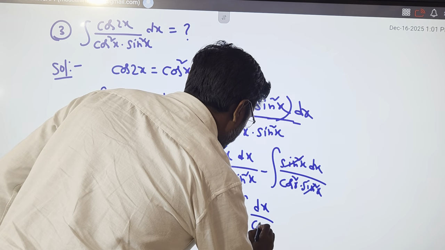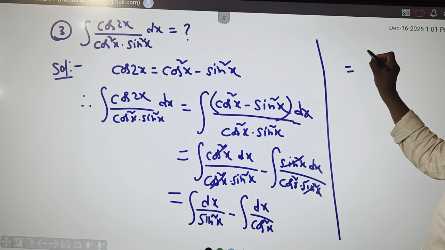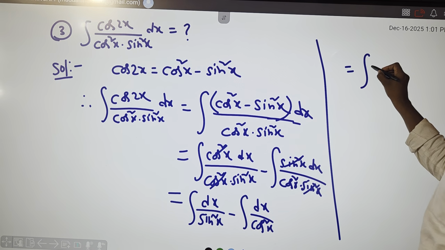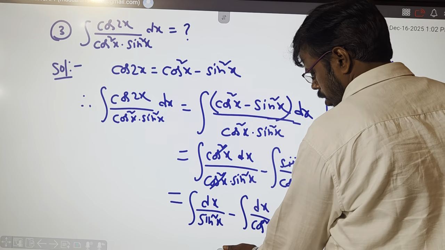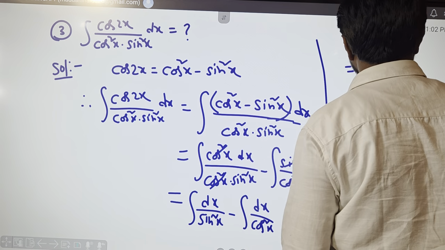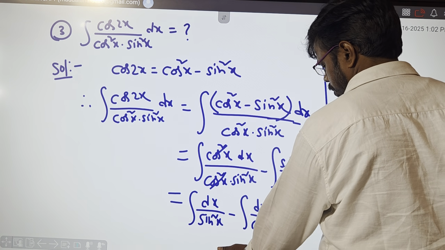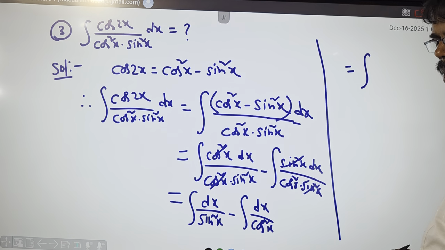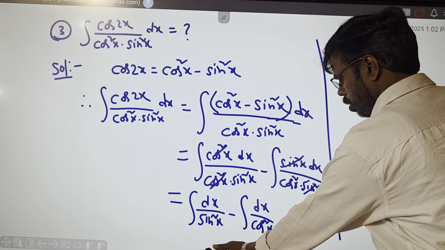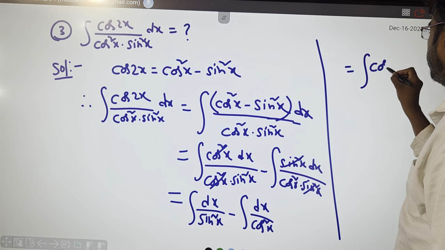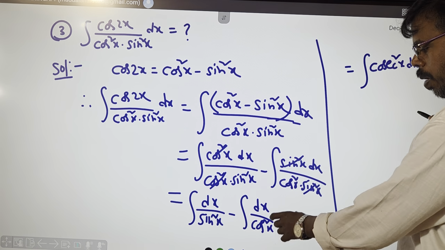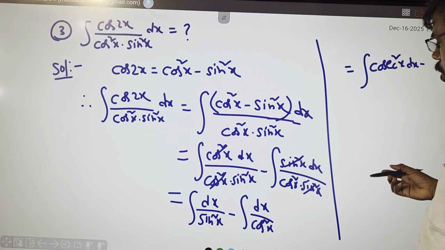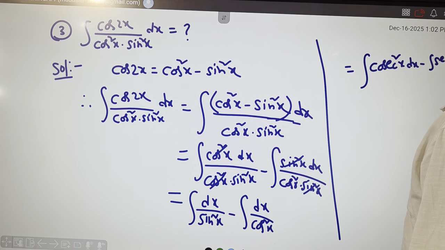Integral dx by sin square x is cosecant square x, and 1 by cos square x is secant square x, so integral secant square x dx.